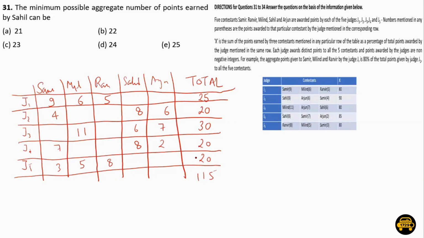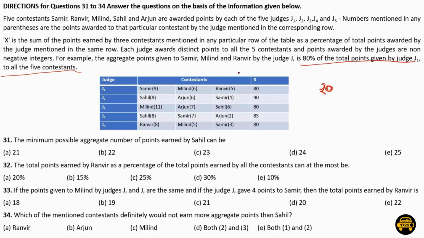Now let's read the additional information, if we have any other information. Okay. So X is the sum of points earned by the contestants. One thing, all the points awarded by judges are non-negative integers. That means they can be 0, 1, 2, and so on.